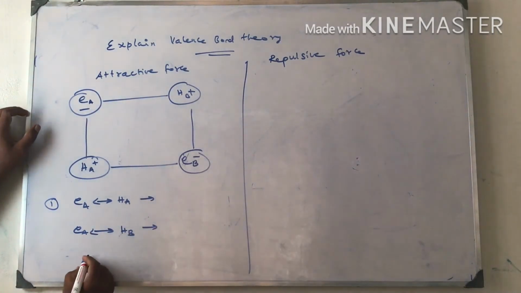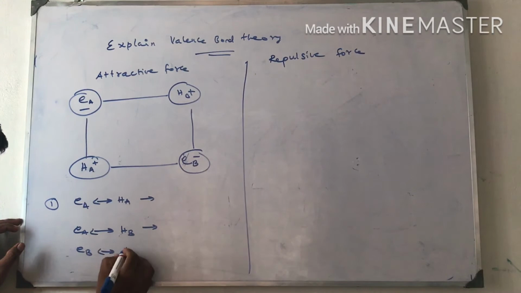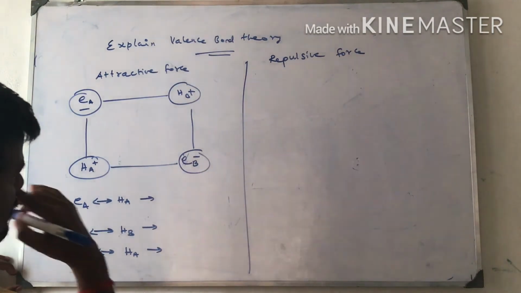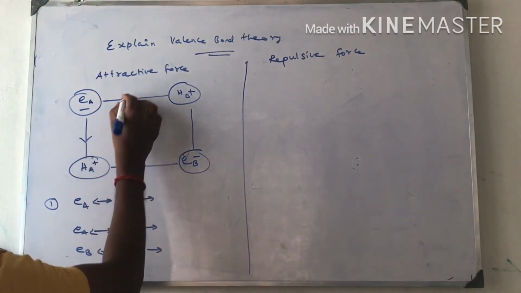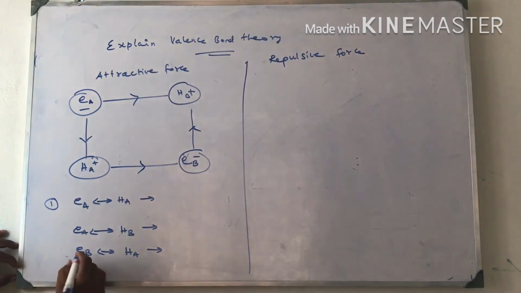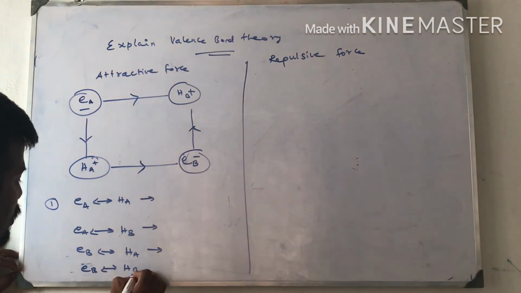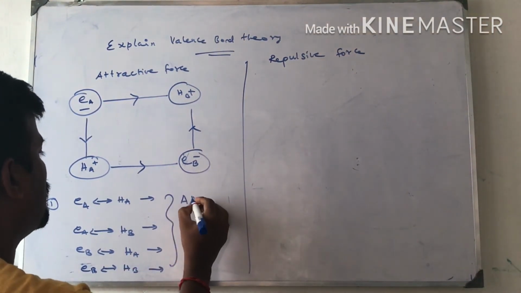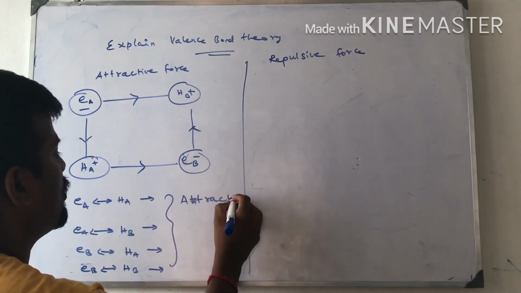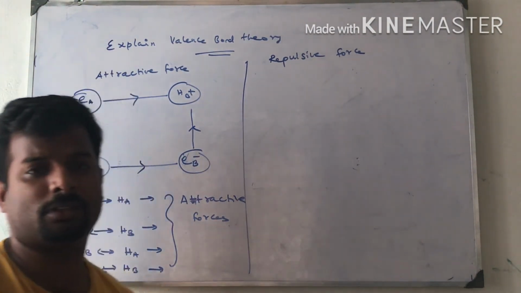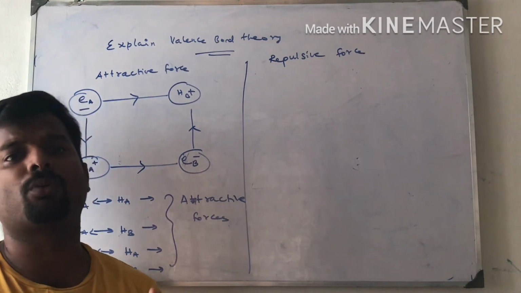The attraction between the nucleus of the other atom, EB and HA, and EB and HB. So these types of attractive interactions are the attractive forces. As the attractive forces increase, the atoms will combine with each other to form a molecule.